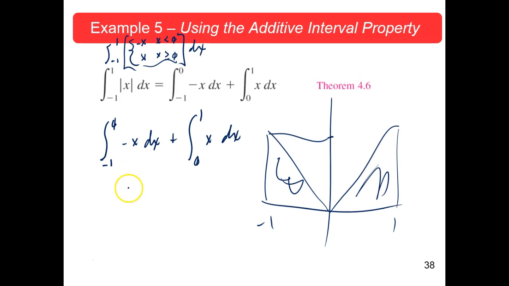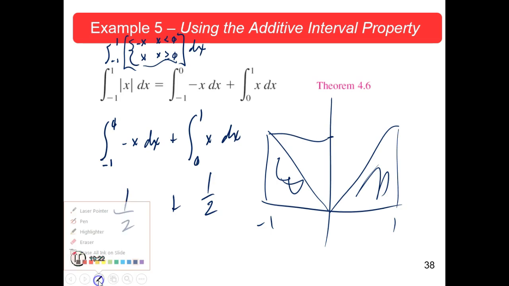So this will be 1/2, and this will be another 1/2, doing it geometrically. And I really want to do it algebraically too, or calculusly too, but we're not going to do that yet. We'll get around to doing that later. Okay? But let's see how they do it, just for funsies.